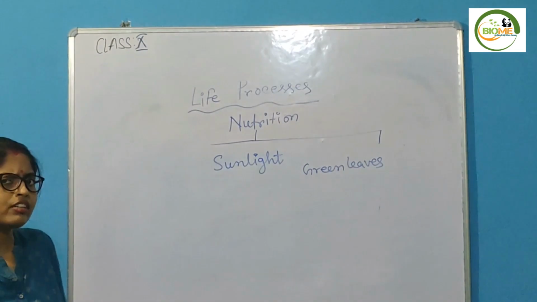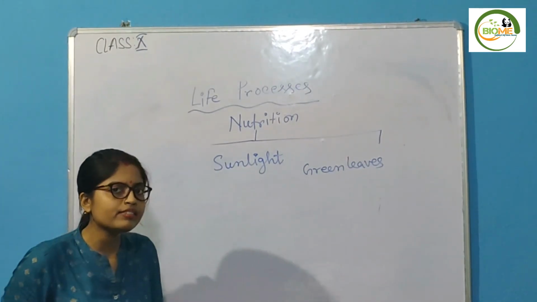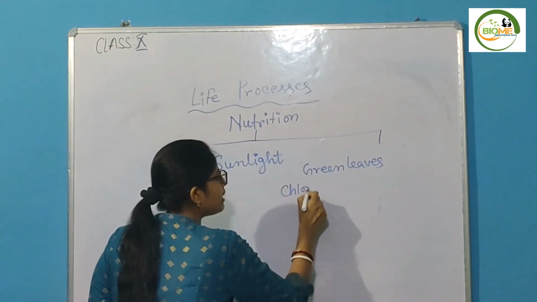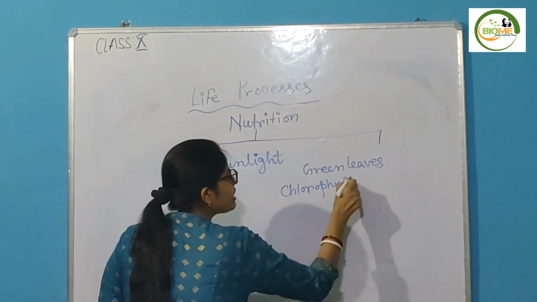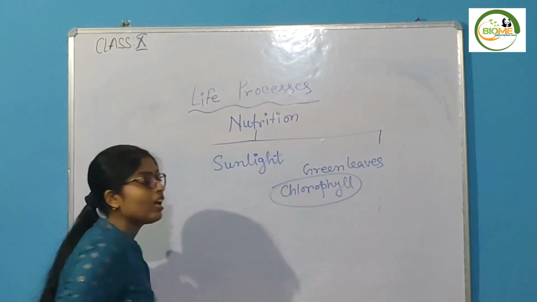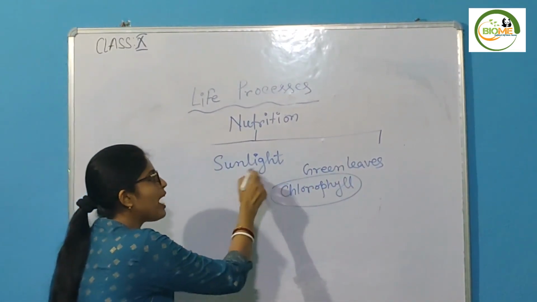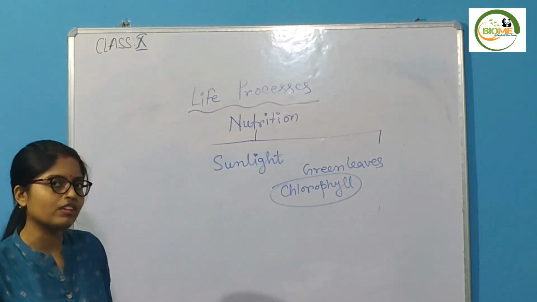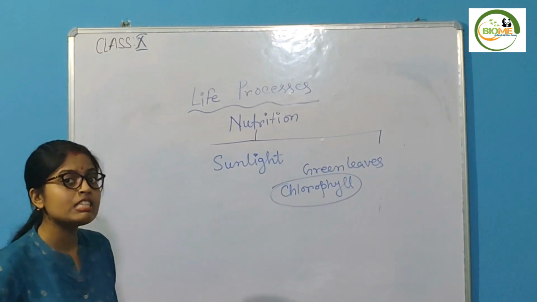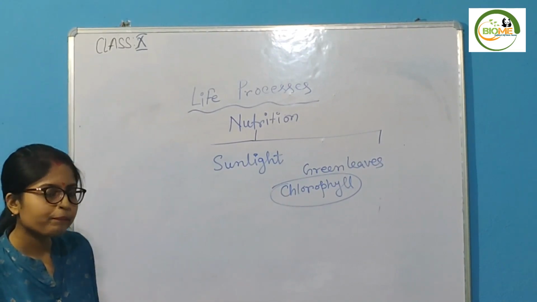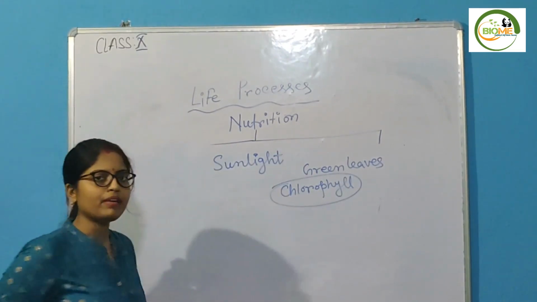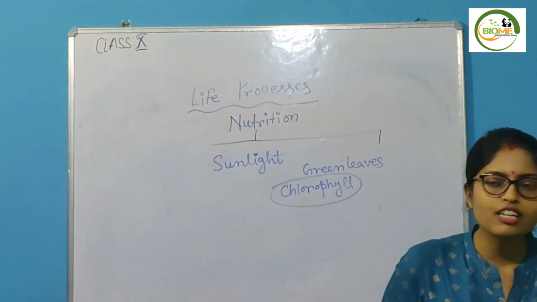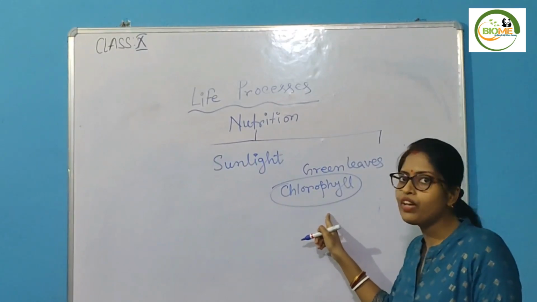The question is how the green leaves can trap the sunlight. For that, the chlorophyll pigment is there. This chlorophyll pigment helps to trap sunlight, and that is the importance of chlorophyll. So the first step in photosynthesis is the trapping of sunlight with the help of chlorophyll pigment.